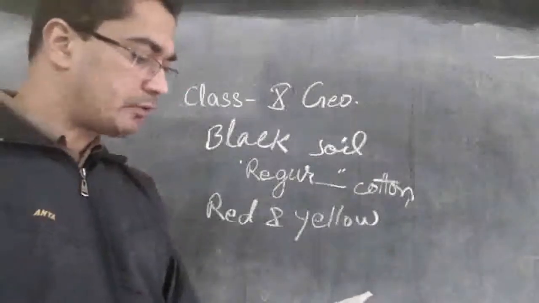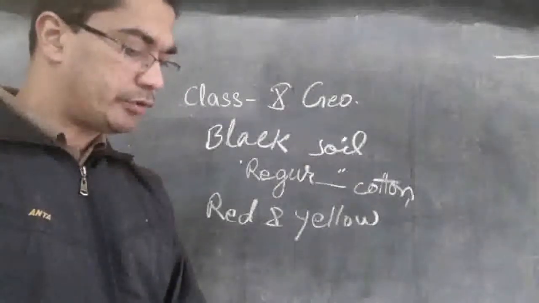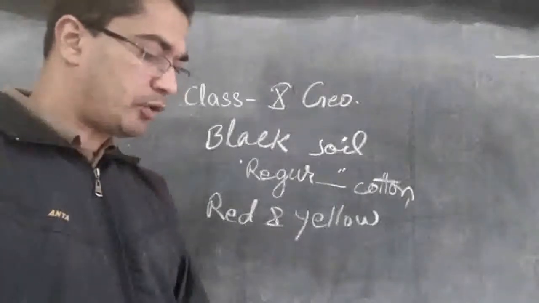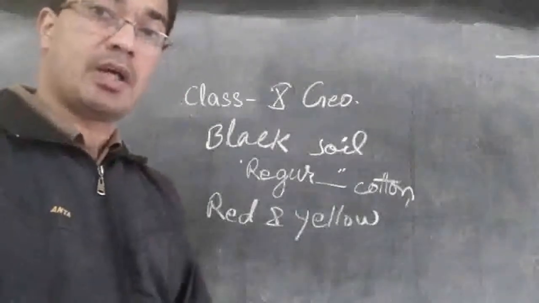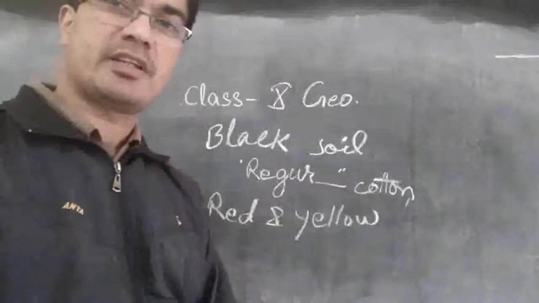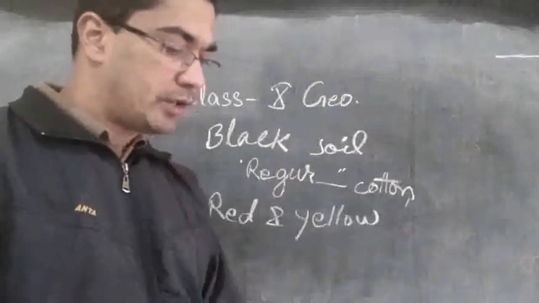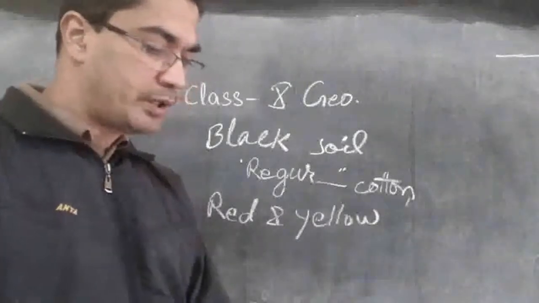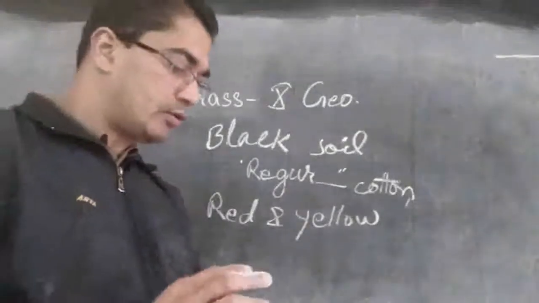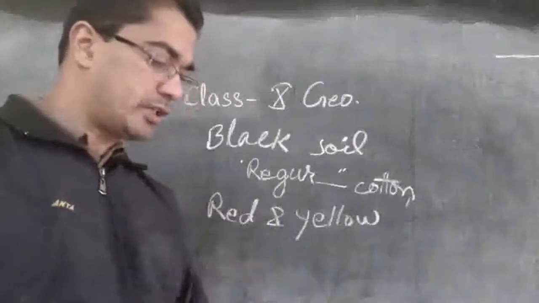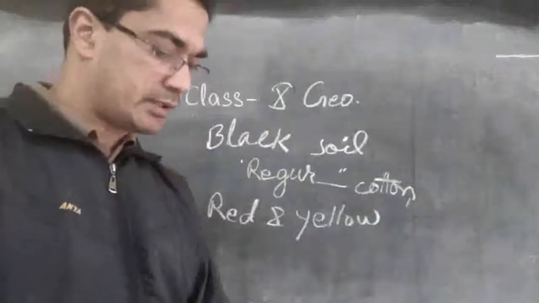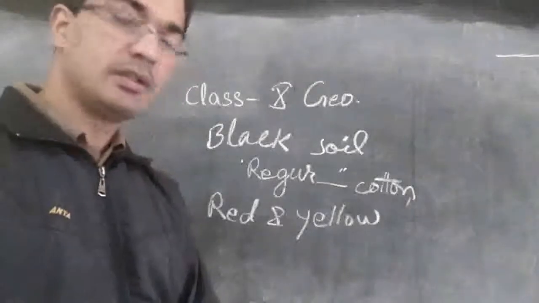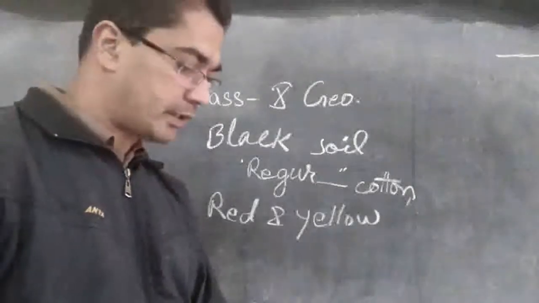These soils develop a reddish color due to diffusion of iron in crystalline and metamorphic rocks. So I can underline, why does this soil get a red color? Due to the diffusion. Diffusion means movement of substance. Some substances, especially iron, are moving into the soil, and this soil gets red color.